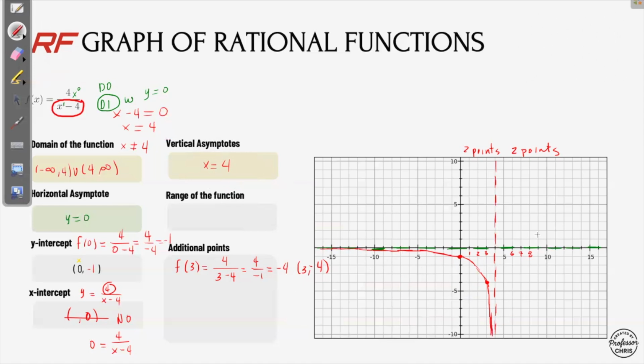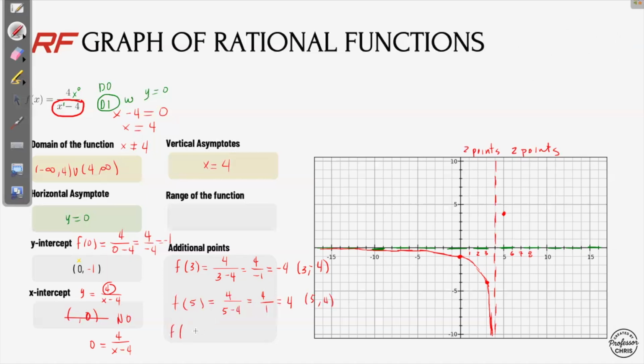And if I want to find another couple of coordinates further from the vertical asymptote, I could, but we're going to stick with at least two of them on each side. So let's say I do f of 5. That will end up being 5 minus 4 is equal to 4 over 1, the coordinate being 5 comma 4. 5 comma 4 ends up around there. And let's say I want to use 8.